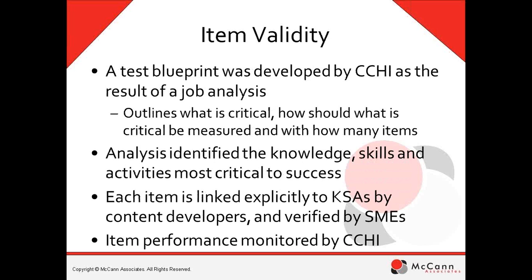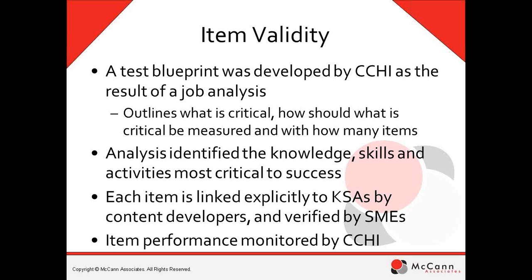Now, we are going to discuss the validity of the items and the tests. A job analysis was conducted, led by CCHI, which identified the critical knowledge, skills, and activities required for successful medical interpreters. This resulted in the development of a test blueprint which details which skills are critical for successful performance, how those skills should be measured, and with how many test items.